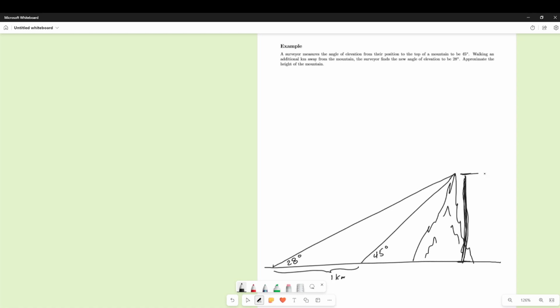Okay. Well, this diagram contains actually a lot of triangles. There's this little 45, 45 right triangle. That's this one.